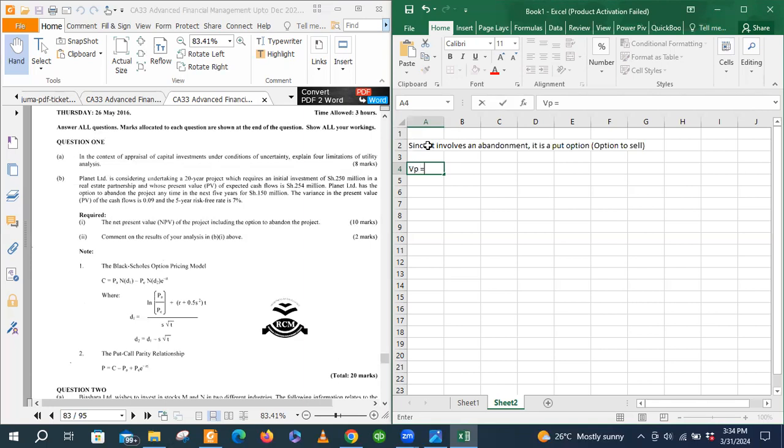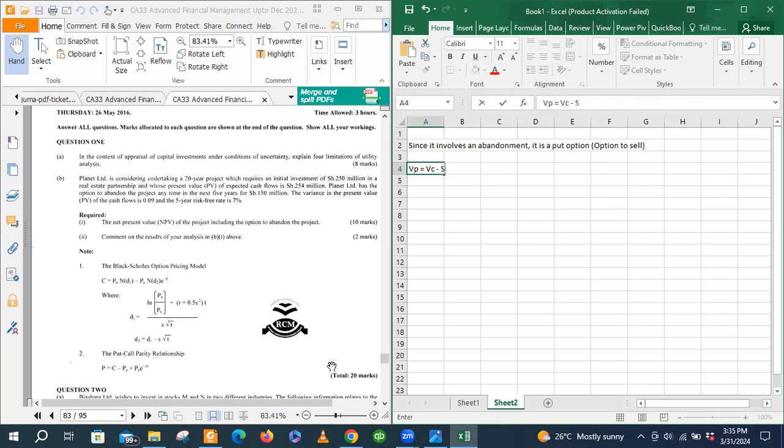And the value of the put option equals to, hii denominator yetu hii ya chini hapa. So value of the call option, I can do plus ama nianze na minus. So minus PA is our spot price.